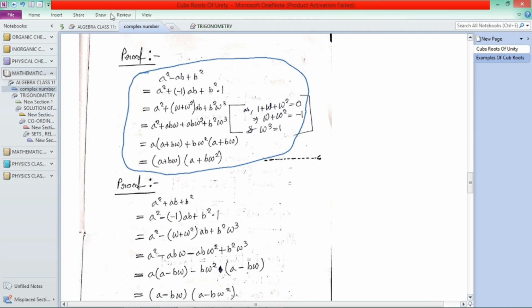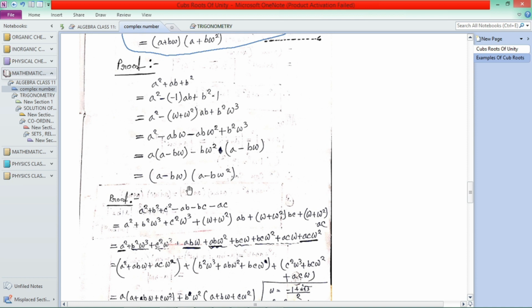So the next proof is a square plus ab plus b square equals (a minus b omega) into (a minus b omega square).